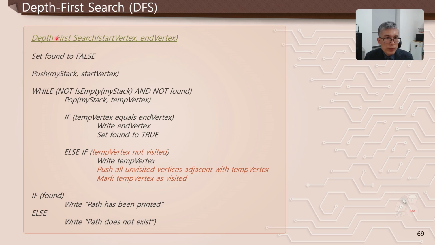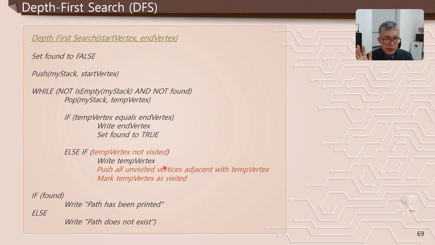First, the search takes a starting vertex and an ending vertex. Set found to false, and push the starting vertex onto the stack. Then while the stack is not empty and not found, pop a node, and the temp vertex is the currently popped one. If it equals the destination, we can say found is true.